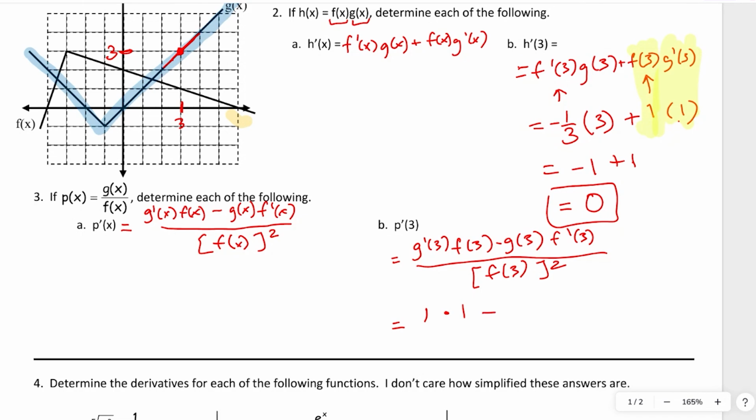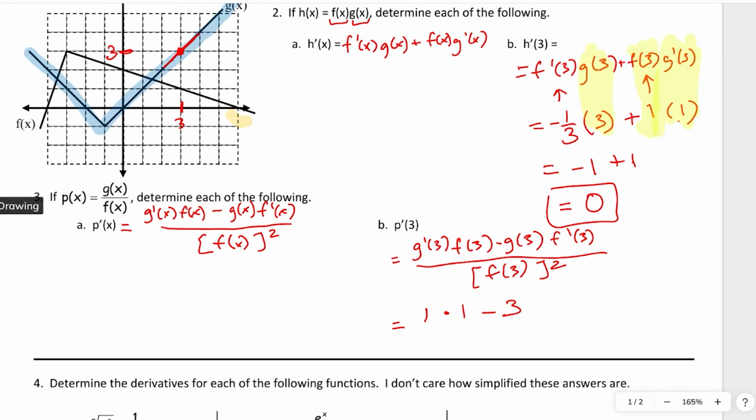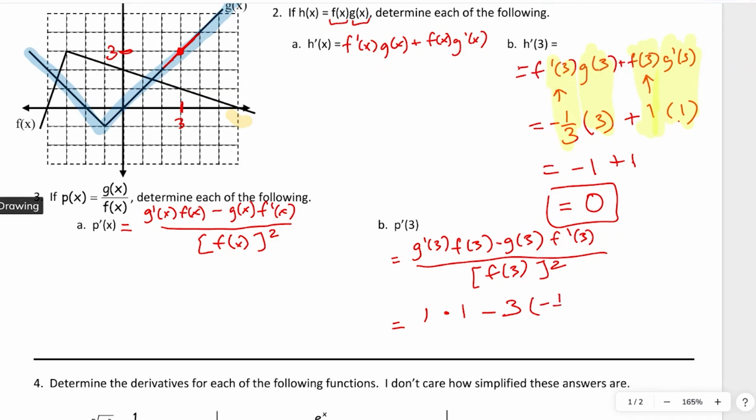G of 3 was 3. And f prime of 3 is negative 1/3. F of 3, we can just get that again, was just 1. It's going to be a really nice denominator there.